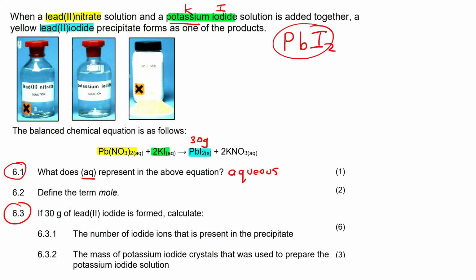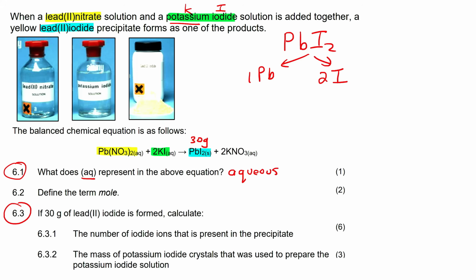So what I want you to realize is that it's got 1 Pb, which is here, and then it's got 2 iodines. Okay, so there are 2 iodines. So for every one of these, it's got 2 iodines.